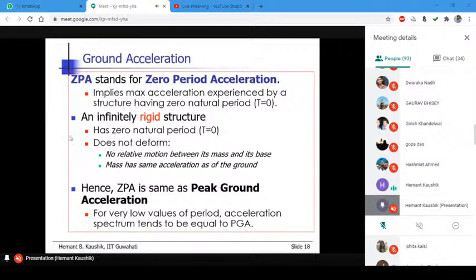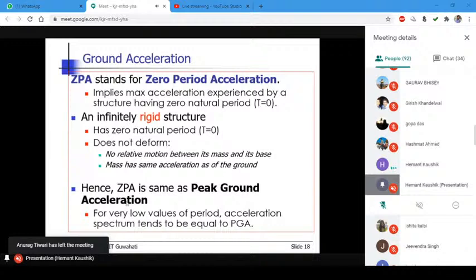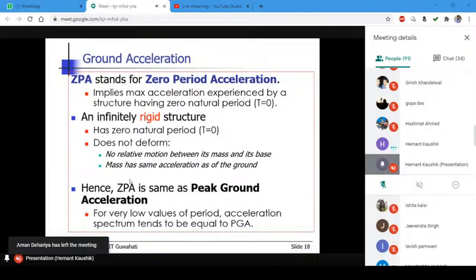So ZPA is a term defined by seismologists. It is exactly the same as peak ground acceleration. For very low values of period, they say that the acceleration spectrum tends to be equal to PGA. Now, don't be confused. In our code also, there is a slightly different definition of zero period acceleration. There is a small change, but not for engineers. Don't worry about it.